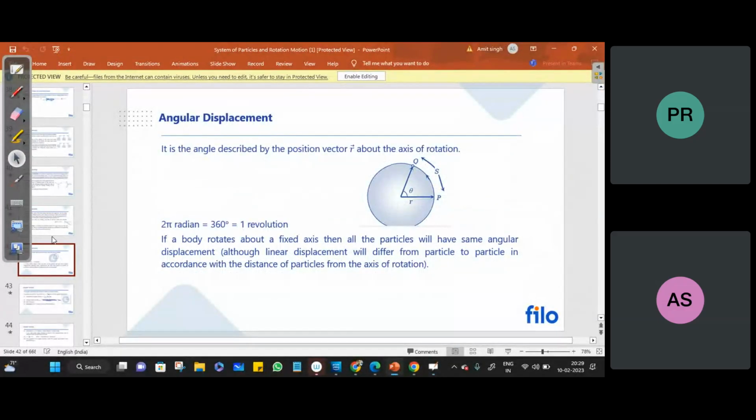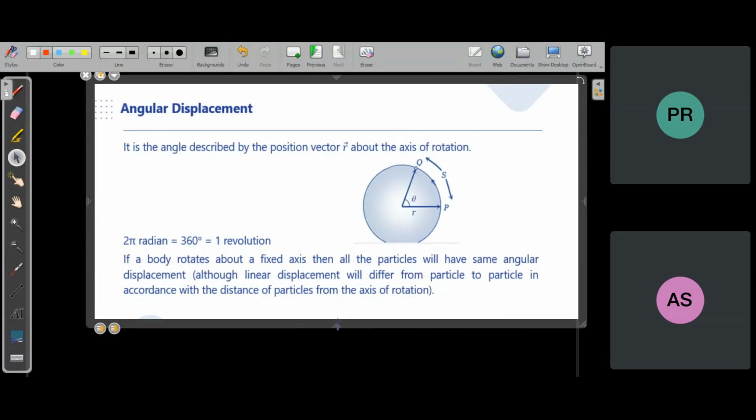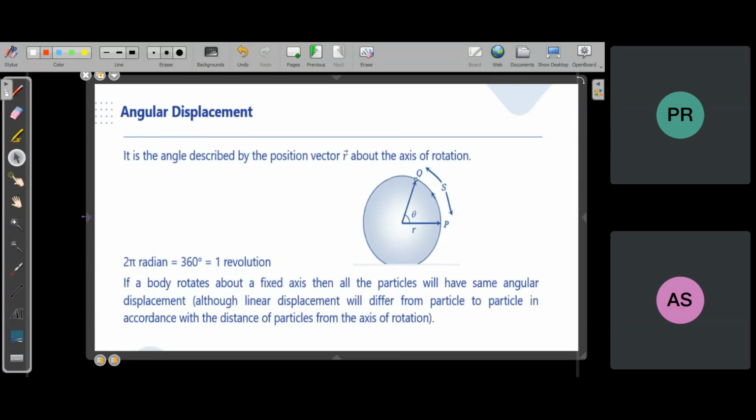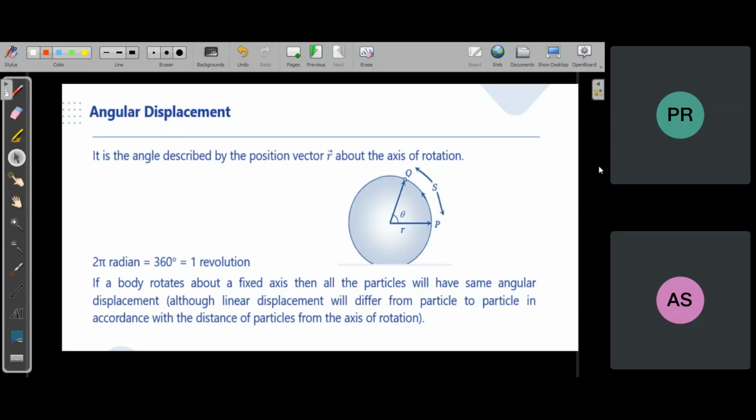So here you can say that in rotational motion, angular displacement is the angle rotated by the radius vector of a particle, of any particle you can take, because it is a rigid body. When the body rotates, all particles go in circles in any interval of time.